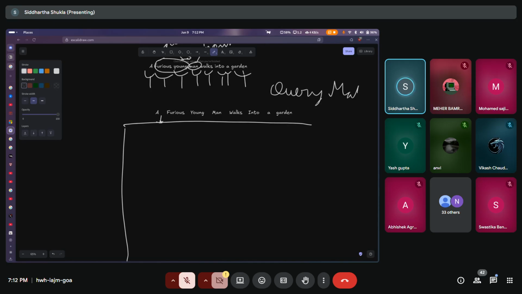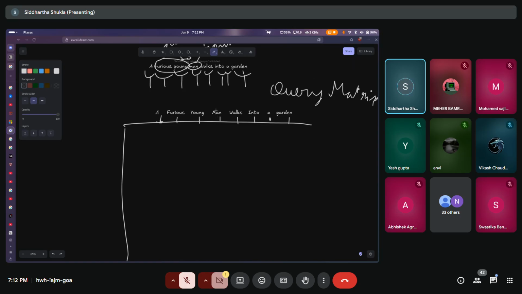What the query matrix does is impose a set of questions on all of these words. For the scope of this conversation, we're just going to limit ourselves to nouns like man.